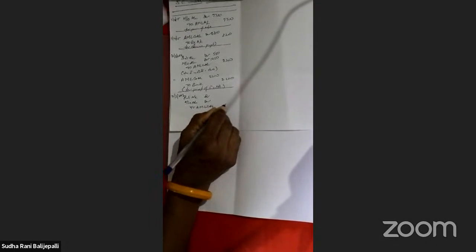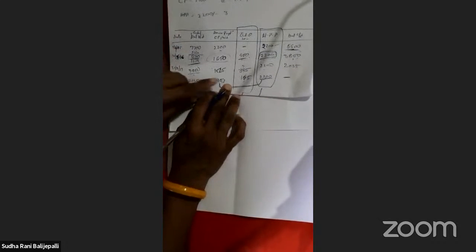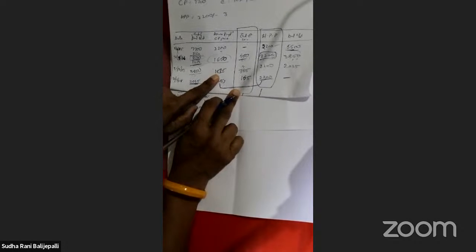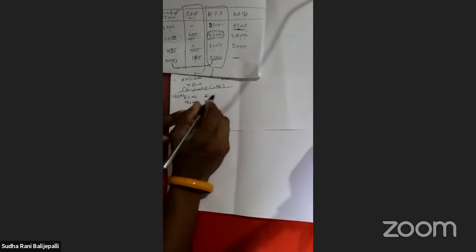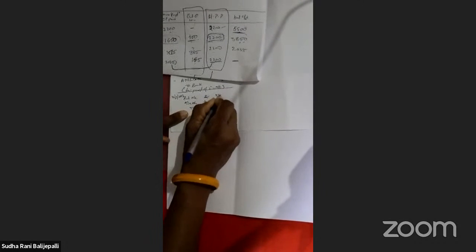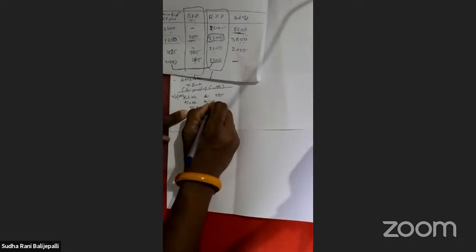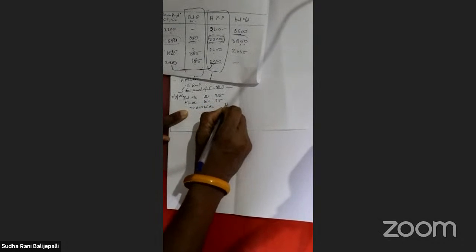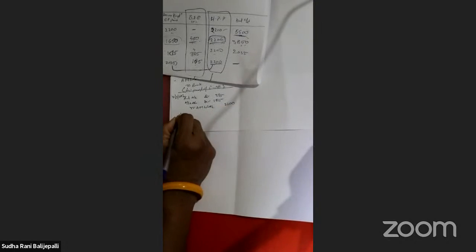In the second year, what is the interest amount? 385, and the actual cash price included in the hire price is 1815. So interest 385, cash price 1815, total installment 2200.